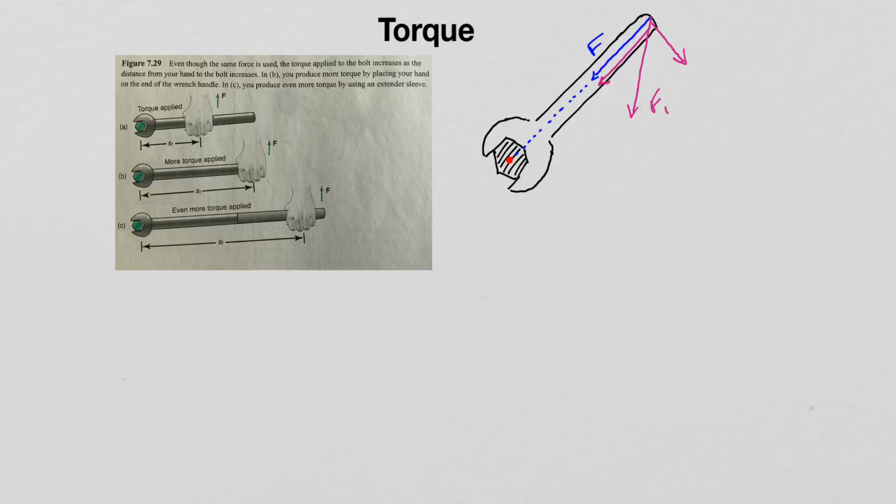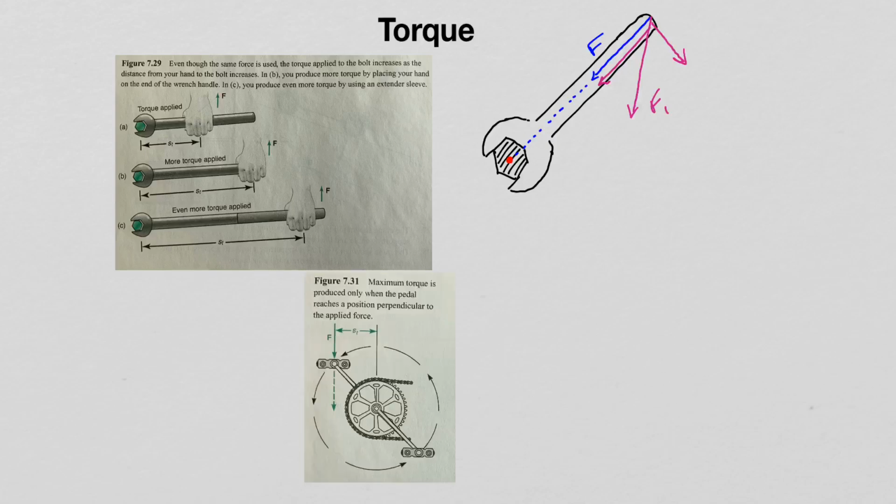So not only the magnitude of the force and the distance from the axis of rotation, the length of the torque arm, matters, but also how the force is oriented with respect to the axis of rotation matters for the magnitude of the generated torque. Here we have a different situation where torque is generated.